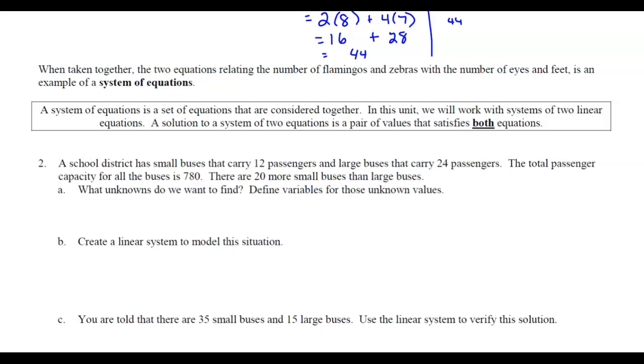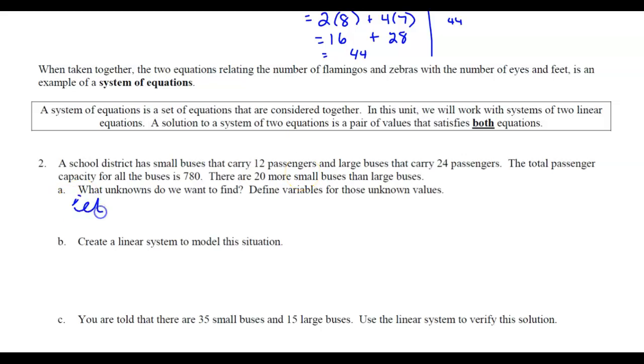What unknowns do we want to find? Define variables for those unknown values. So often in a question, the very last sentence will be what you're asked to find. But here, we want to know how many small buses there are and how many large buses.